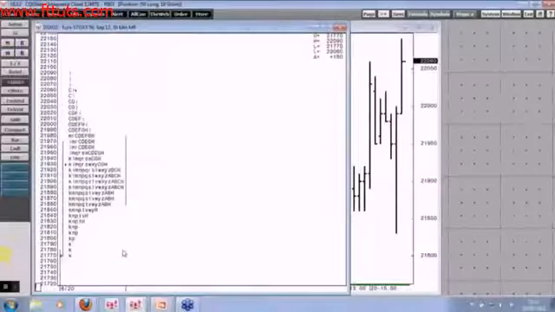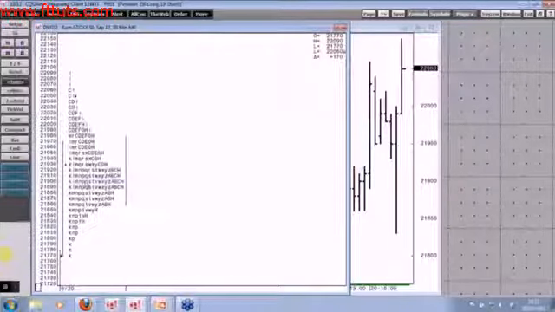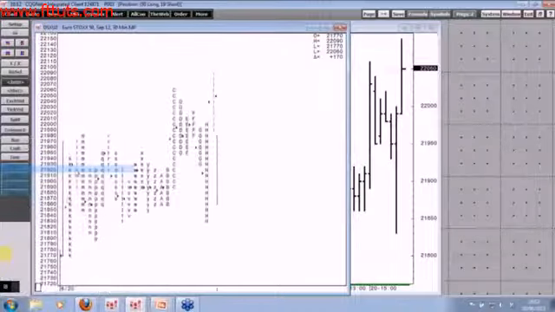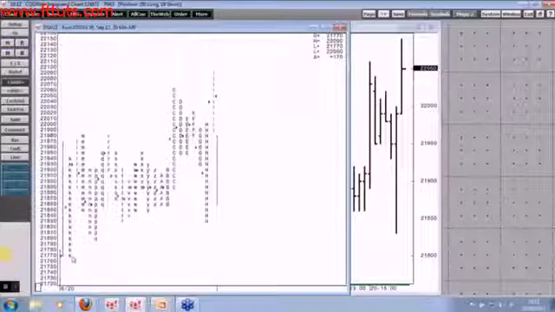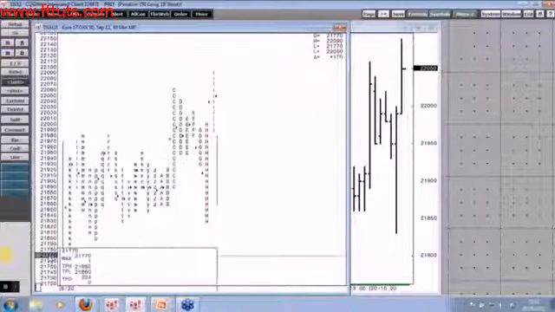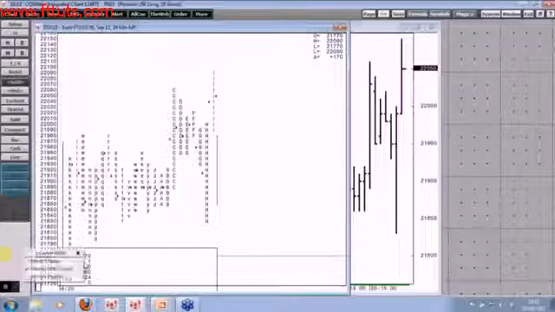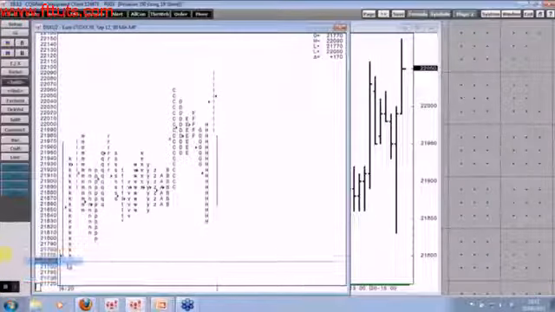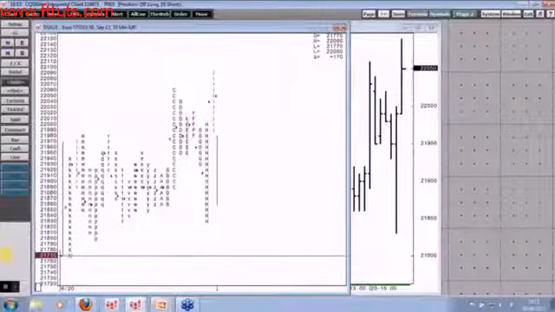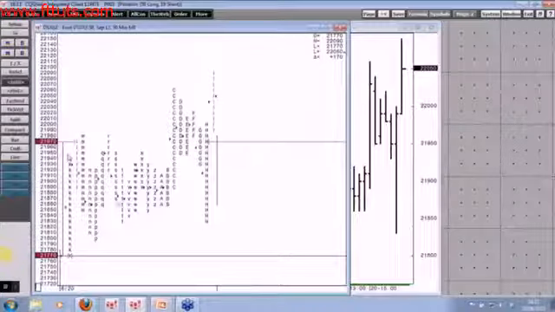So how do we get the initial balance? Well, the initial balance is the first 2 TPOs. In this profile, we can see when I added the splits, the first 2 TPOs were the K and the L. So I'm literally taking the low of the K and the L, which is down at 21.77, and the highest TPO in the initial balance is this L print up here at 21.97.